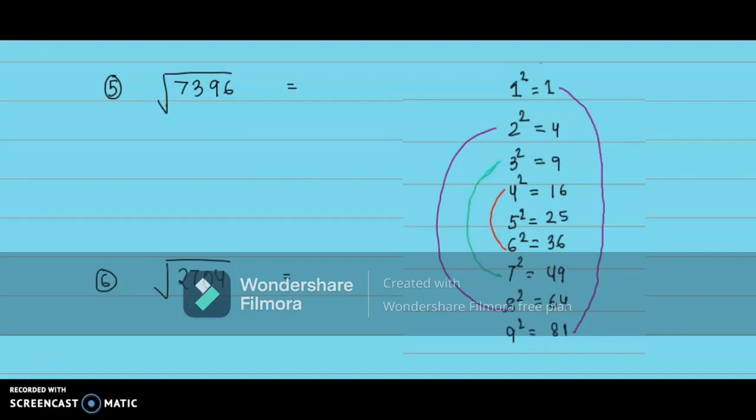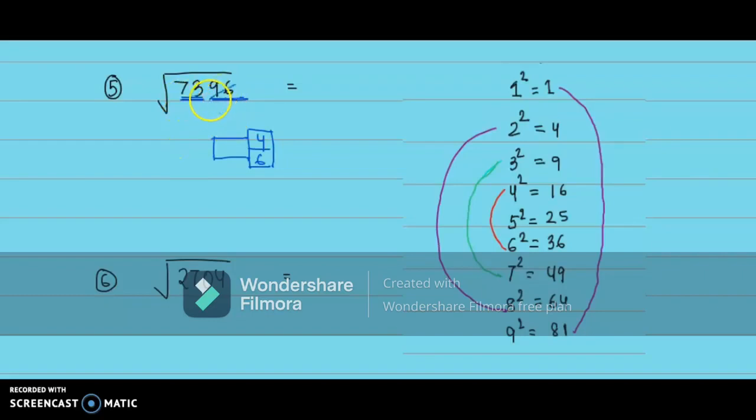Now in the next question, question 5, we have been asked to find the square root of 7396. Look for the last digit. Last digit is 6. So the units place of the square root must be either 4 or 6. That much we can understand. And then for the tens place, as I told you, you have to take out the last two digits and you are left with 73.